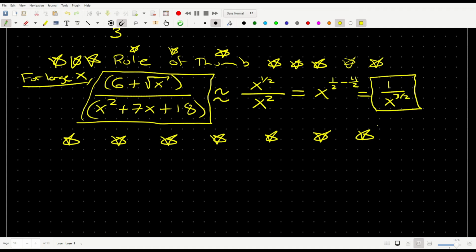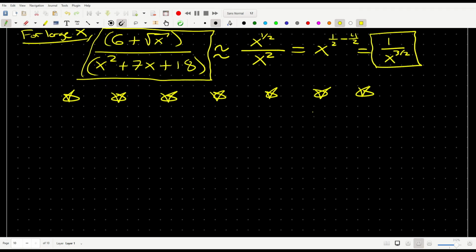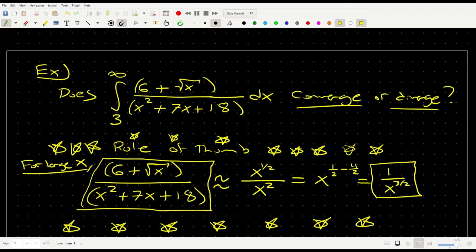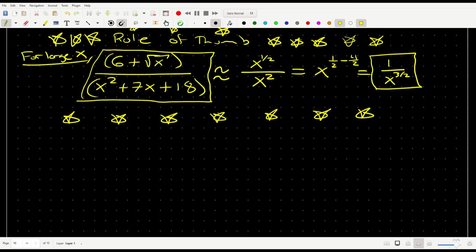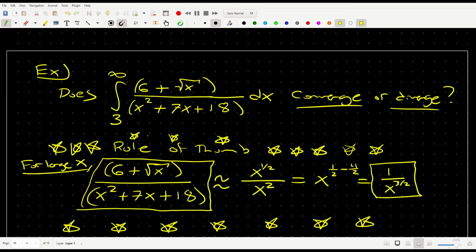We know that the improper integral of 1 over x to the 3/2 from 3 to infinity is going to converge because it has an alpha value that's greater than 1. So therefore we expect that this improper integral that we're evaluating is also going to converge. And this is exactly what we see. So now at this point we are ready to apply the actual limit comparison theorem, or the limit comparison test.